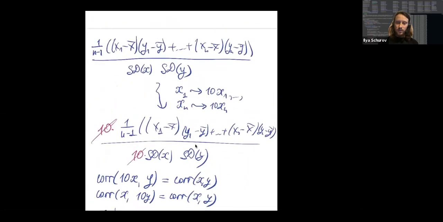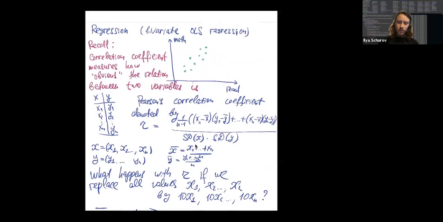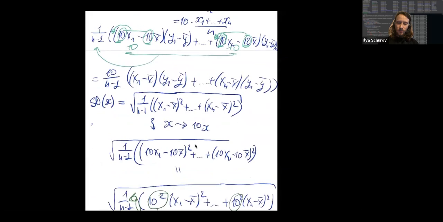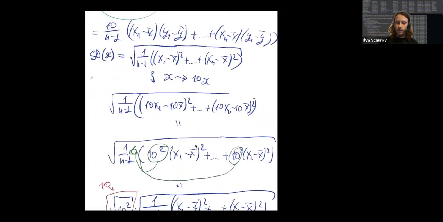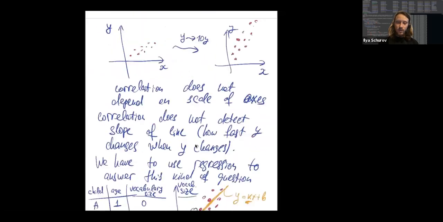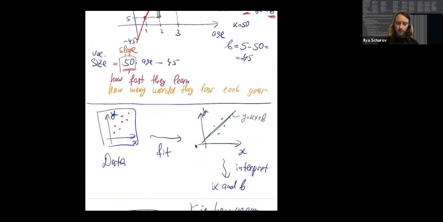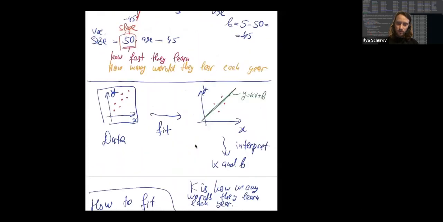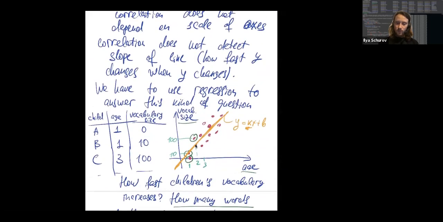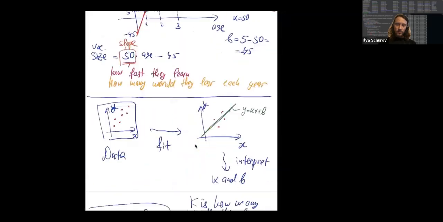As we discussed here, if we change units of measurement and, for example, multiply all values of x by 10, then nothing changes for the correlation coefficient. But let us look here. What happens, for example, with value k, if I would measure vocabulary size not in words, but in hundreds of words? So instead of this table, I will consider a new table.